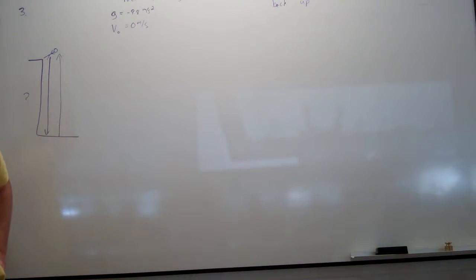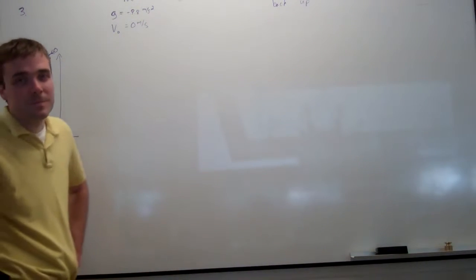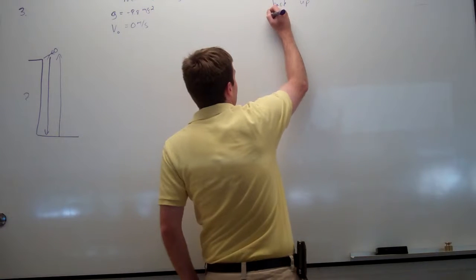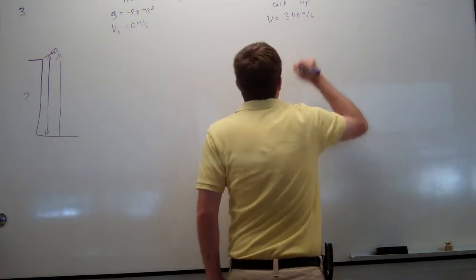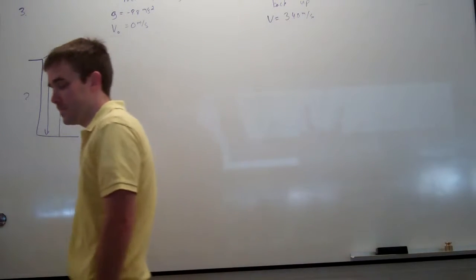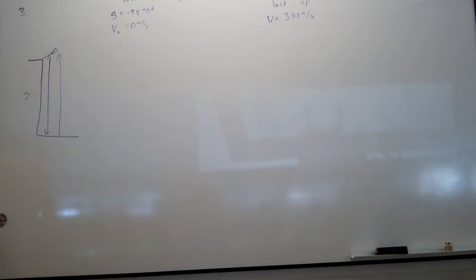Alright. What do we know about the speed of sound coming back up? Yep, so the velocity is 340 meters per second. Do we know anything else? Okay. Can we make any progress with either of those? Nope.